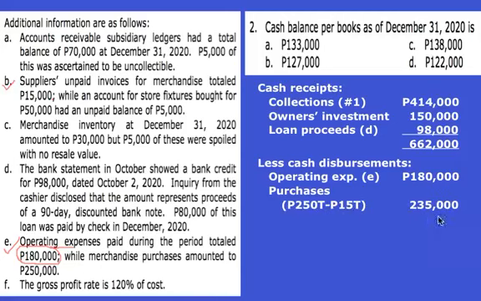So, payment. Okay? Also, in letter B, bumili yung company ng store fixtures. 50,000. Hindi pa bayad 5,000. Get the difference. So, 50,000 cost. Still unpaid, 5,000. So, the payment.